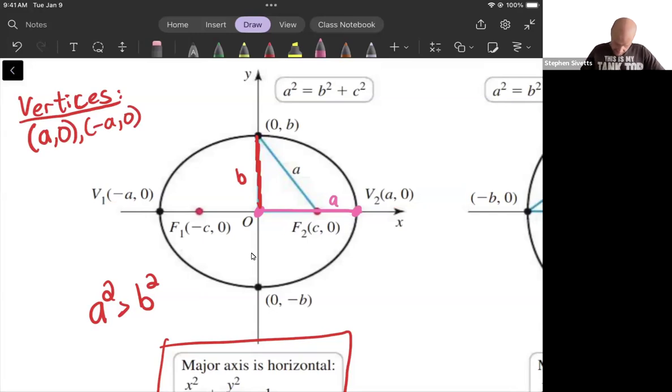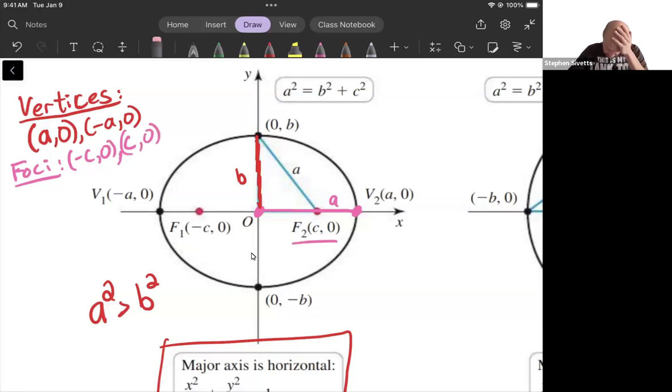The foci, on the other hand, are these points, (-C, 0) and (C, 0), which are labeled F1 and F2 respectively, okay? To figure out what the C value is, we use this relationship: A squared is equal to B squared plus C squared.